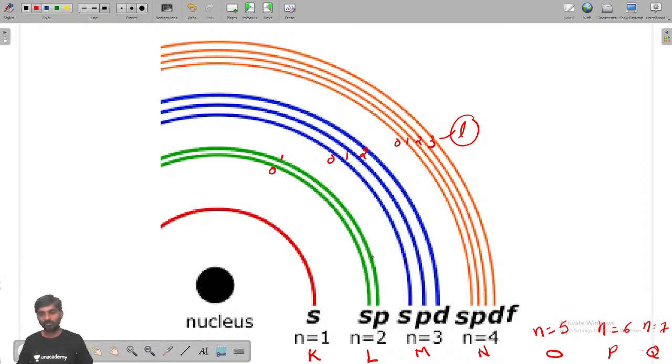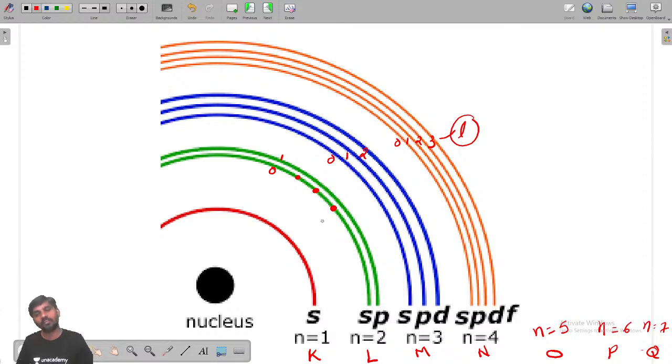Okay. Now, if the value of S is equal to 2, you have to mention the energy levels. For every S you will have 2 energy levels, so the electrons will be located individually like this.